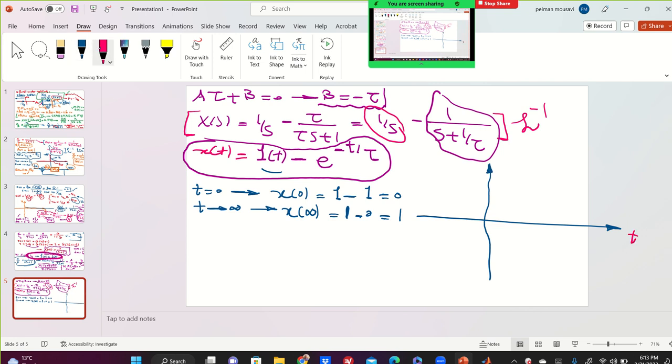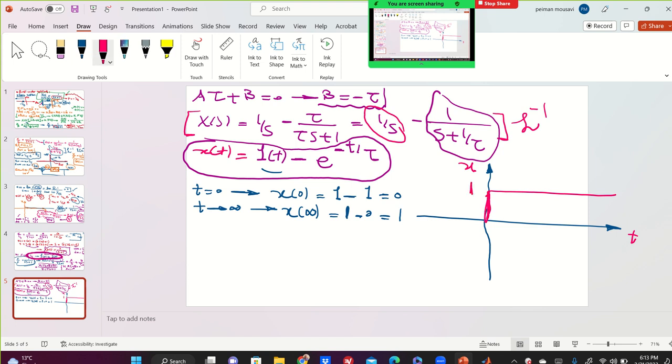t and x, and this is the input to the system, the unit step, 1.